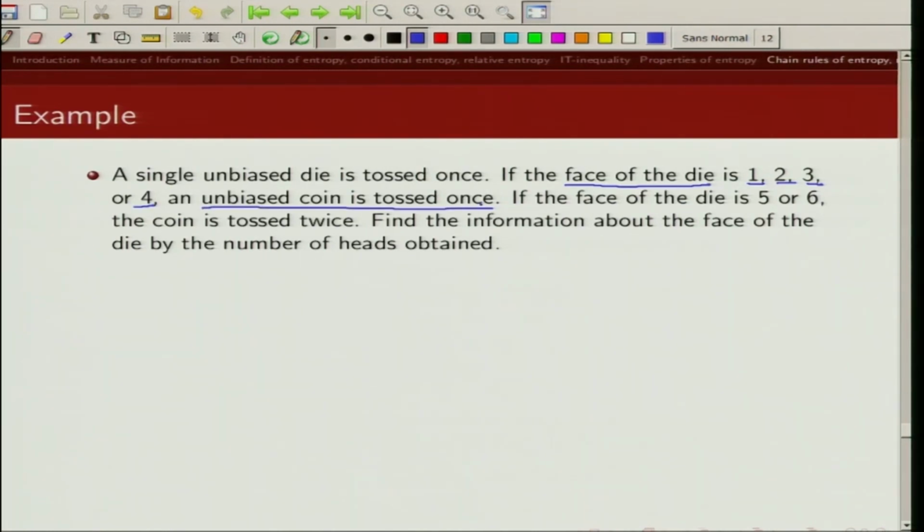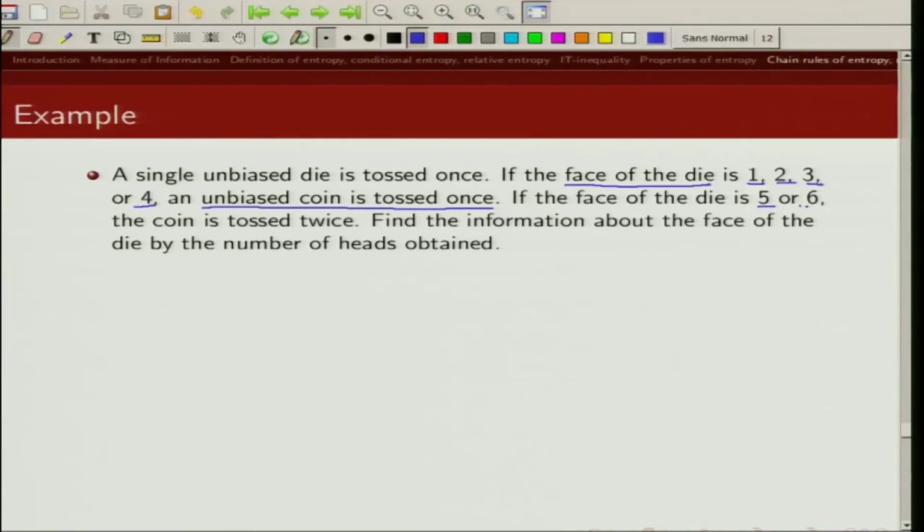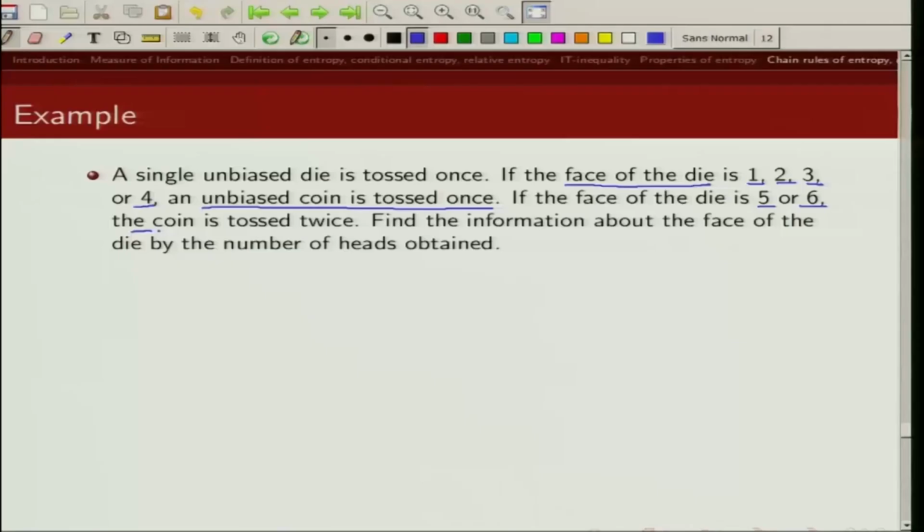What is an unbiased coin? An unbiased coin is a coin which has head and tail. If the outcome of the dice is 5 or 6, then I am tossing the coin twice, and this is the fair, unbiased coin which I am tossing.